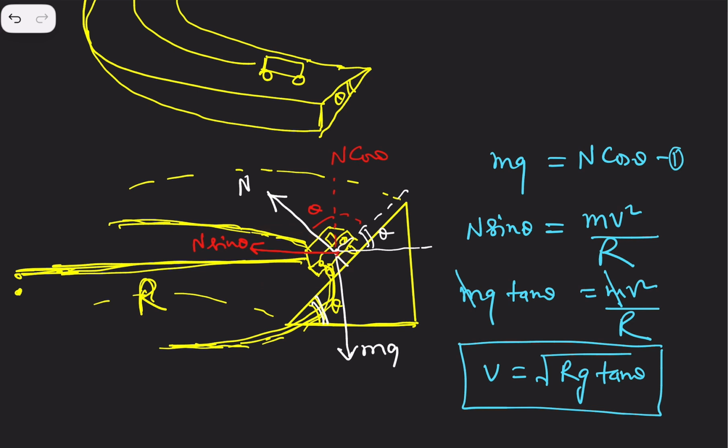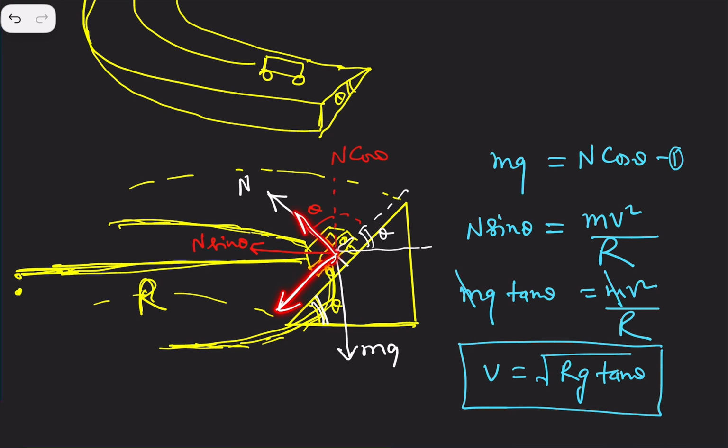So this N sin theta is going to have two components, one component along this and one component along this, further making the components.